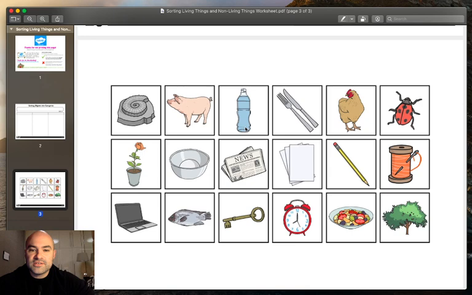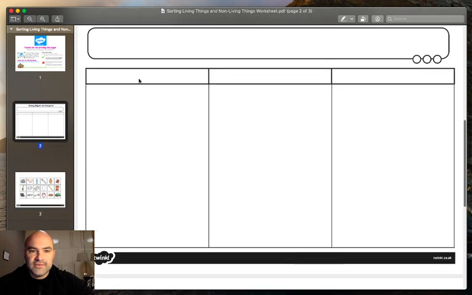But I bet you have scissors at home, and you can cut all of these out, and you can make a living, a dead, and not living, okay? So we have not alive. How about that? Not alive or not living. We have dead and we have alive, okay?